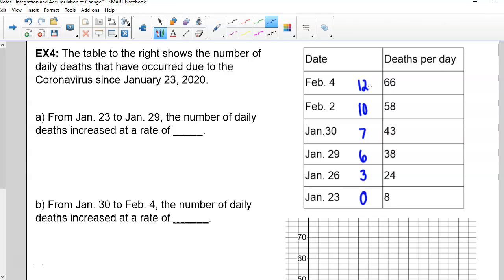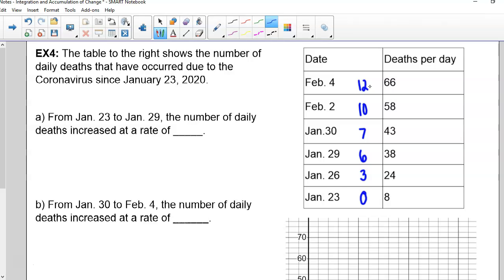Now, coronavirus, they're really watching really closely, so they probably have everything timed out very specifically right now. But we're looking at the deaths per day here. So it says from January 23rd to January 29th, the number of daily deaths increased at a rate of.